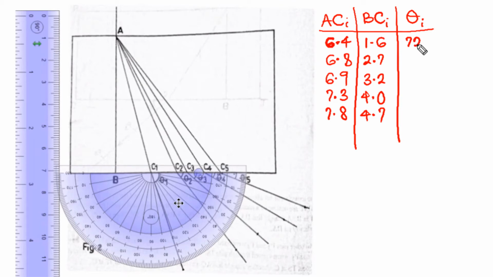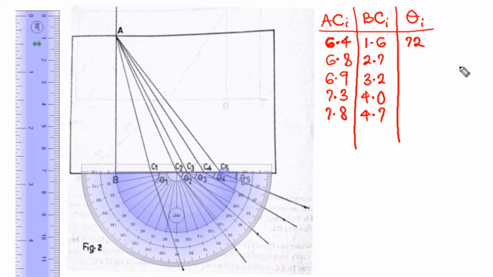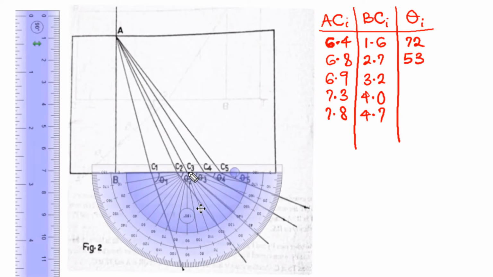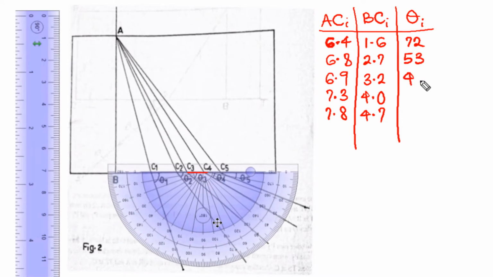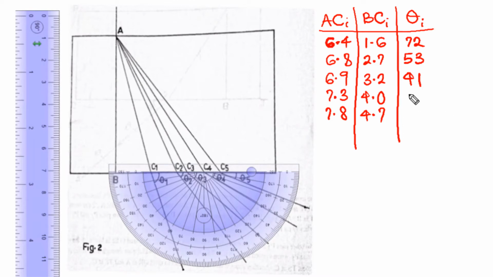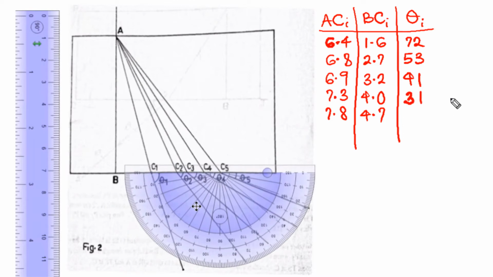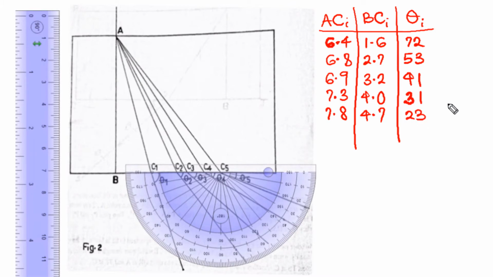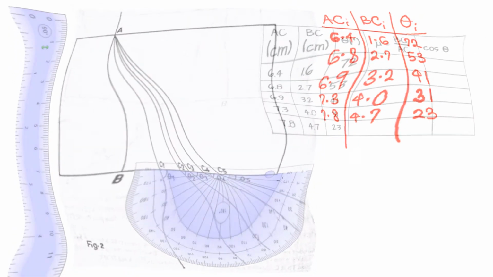We do the same for theta 2, 3, 4, and 5, and with that we will get our table of values. Now, after getting our table of values, I'm going to take it to our worksheet beside the graph paper, and we're going to complete the table by evaluating the other values that we're asked to include.